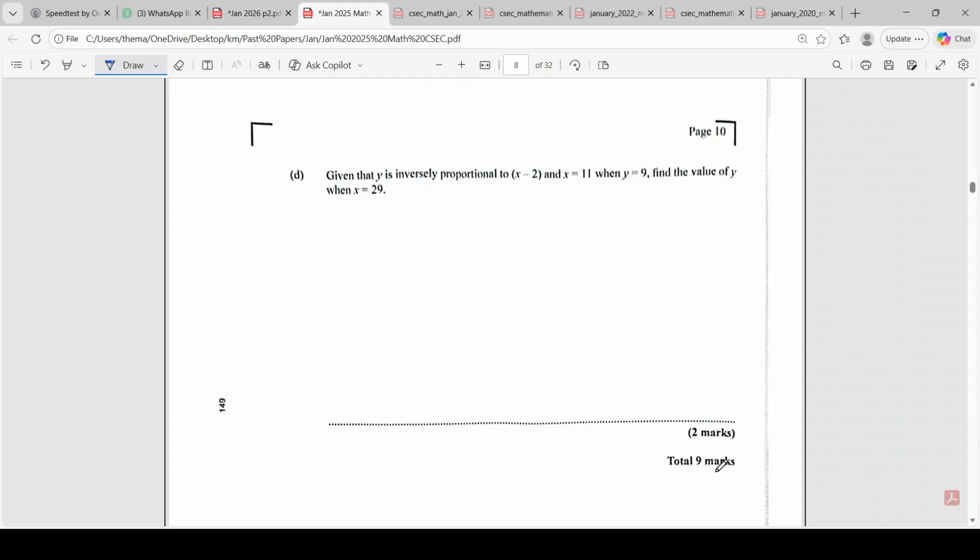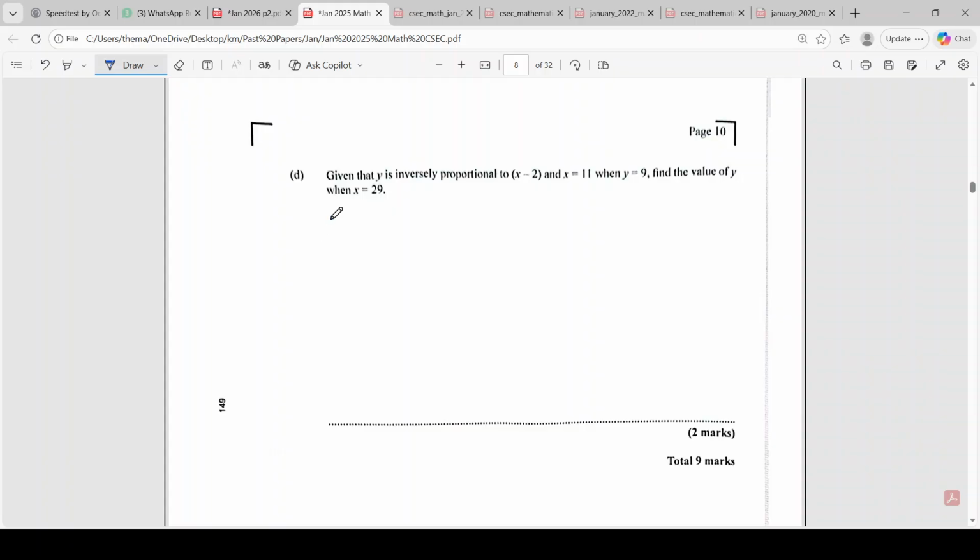Given that y is inversely proportional to x minus 2 and x is equal to 11 when y is equal to 9, find the value of y when x is equal to 29. Right, so this is a variation question. So y is inversely proportional.